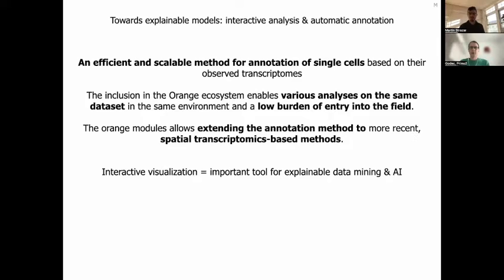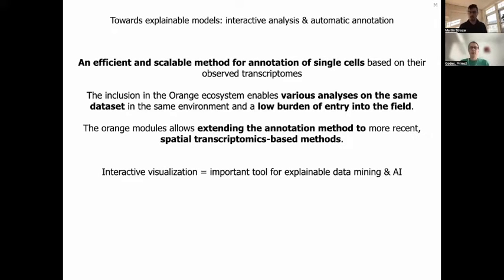To sum up, we presented an efficient and scalable method for automatic interpretation of single-cell data and models that is based on statistically matching single cells with cell types, and that can be used in the future as we get more and more insight and build single-cell atlas databases.